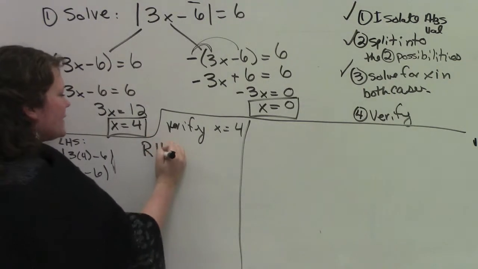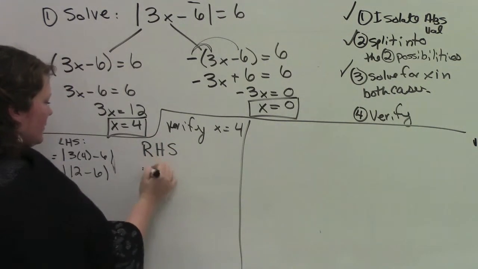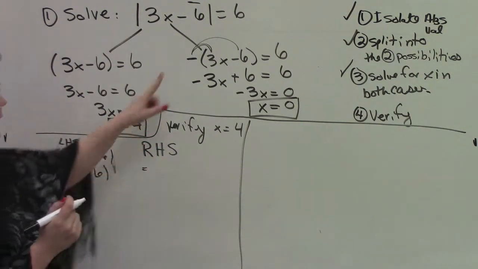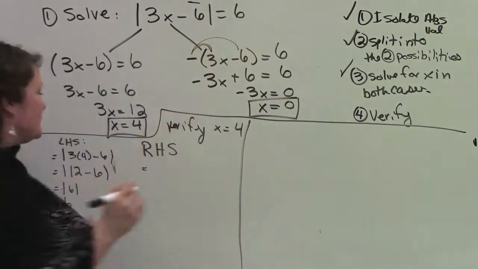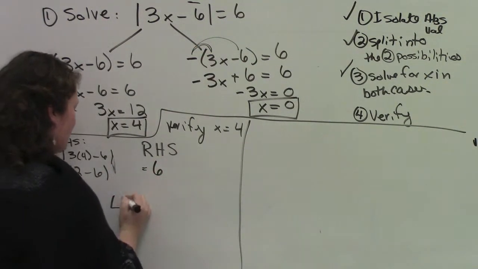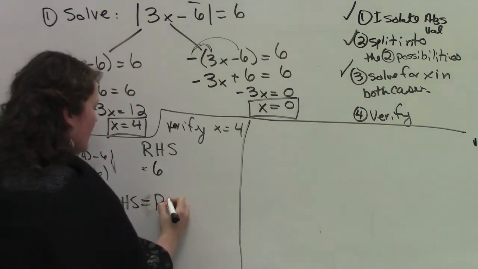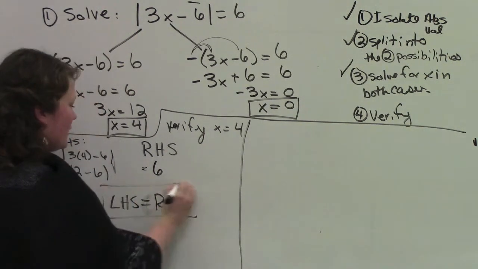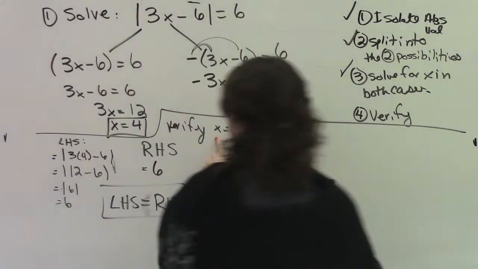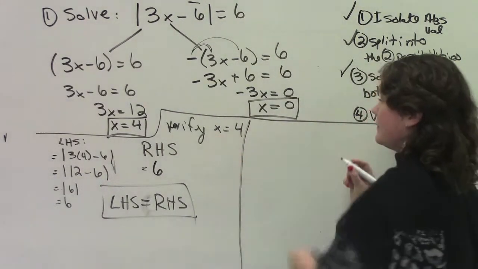Luckily, our right-hand side is very uncomplicated. It's just 6. So left-hand side equals right-hand side. That means that x equals 4 is a solution.